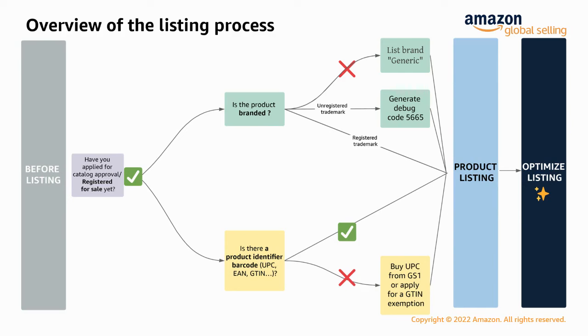GS1 is the organization that has a whole database of all the products globally. So if your product needs a barcode, you need to buy it from GS1.